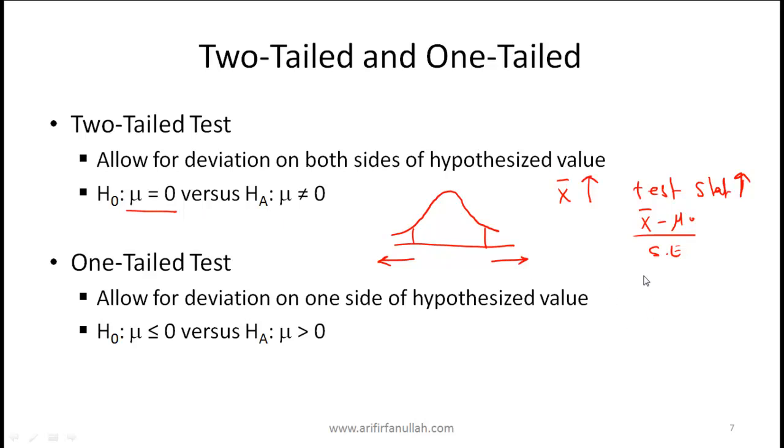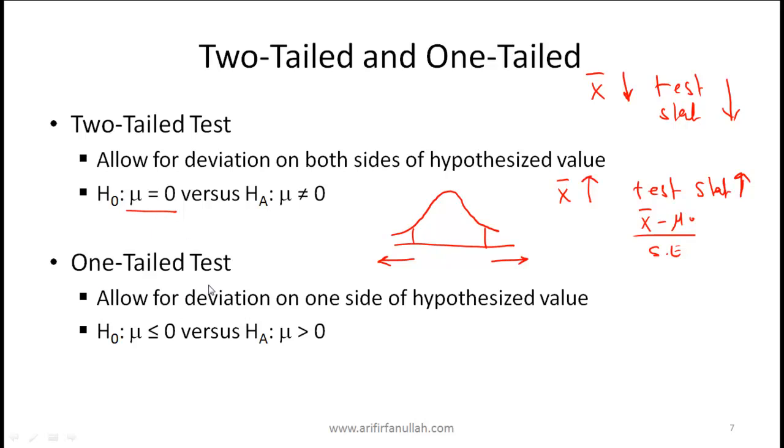Similarly, if x bar is very low, then using that same formula we can see that the test stat will also be very low, and we would then be in the left region, and there again we will be able to reject the null hypothesis.